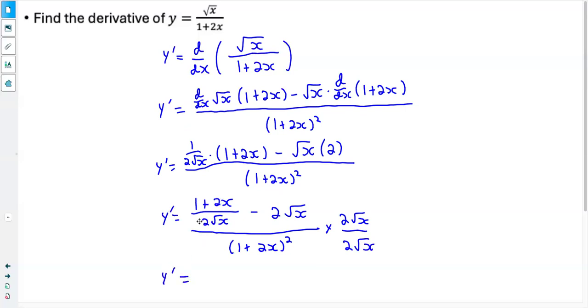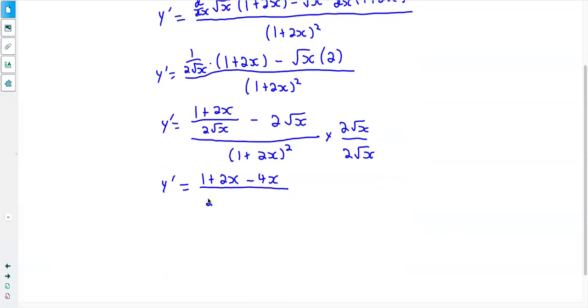Now, when we multiply this first term by 2 root x, this is just going to cancel with this, which gives us 1 plus 2x. When we multiply the second term, that's going to be 2 times 2, so 4, so minus 4, and then square root of x times square root of x is x. So we've got 1 plus 2x minus 4x as our numerator. In our denominator, we'll just move this in front of this term.